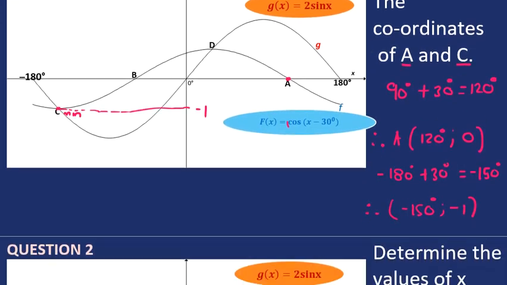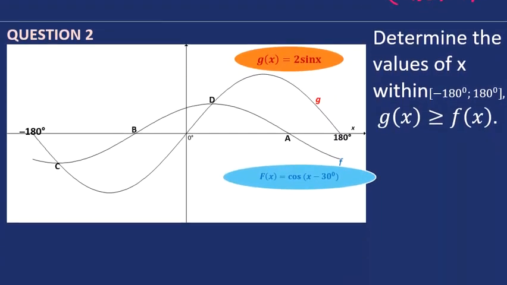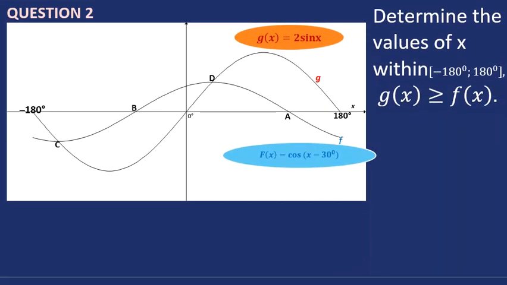Let's move on to question 2. For question 2, we are asked to determine the values of x, of course, within the given domain, where g of x is bigger or equal to f of x. We know that g of x will be bigger if it is above f of x. So where is g of x above f of x?